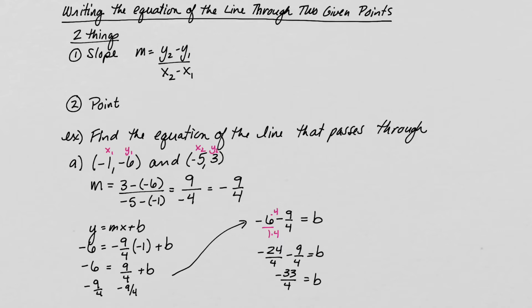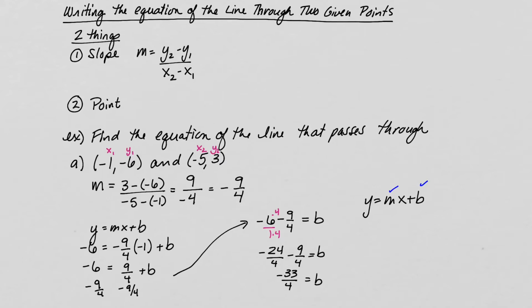And then our final answer, remember, we want to write y equals mx plus b, but in the final answer, we just plug in for the m and the b. We leave the x and the y. So our final answer is going to be y equals m, which is -9/4 x, and then b, minus 33/4.